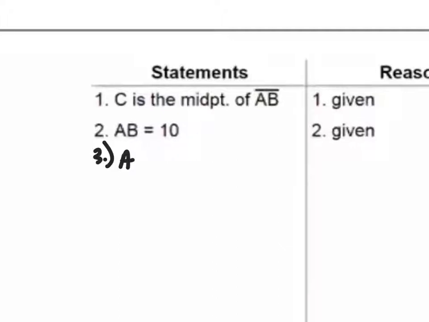No, wait a minute. AC is congruent to CB. Sorry, my bad. And the reason why we know that is because we were given the fact that C is a midpoint. So we're going to call that the definition of the midpoint.